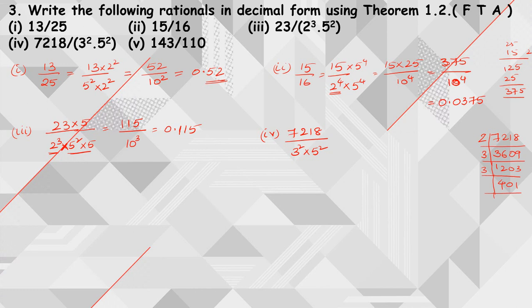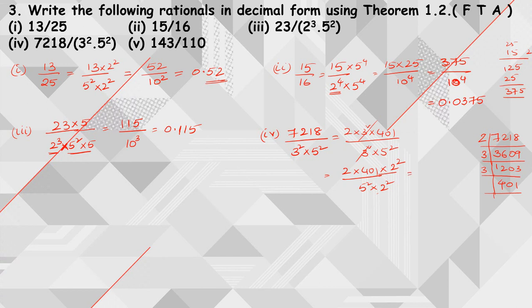What is the prime factorization of 401? So how can I write this? 2 into 3 square into 401 divided by 3 square into 5 square. Here 3 square and 3 square we can cancel out. Finally we have 2 into 401 by 5 square. When I attach 2 square to this 5 square, it becomes 10 square, so I am multiplying and dividing with 2 square.